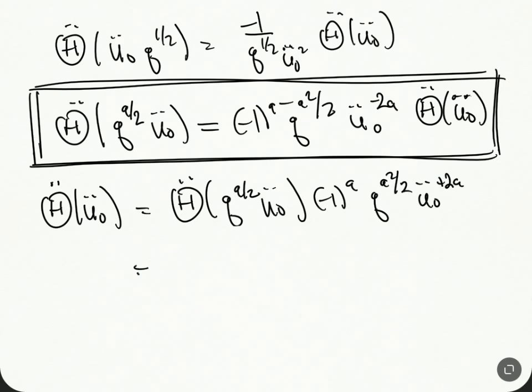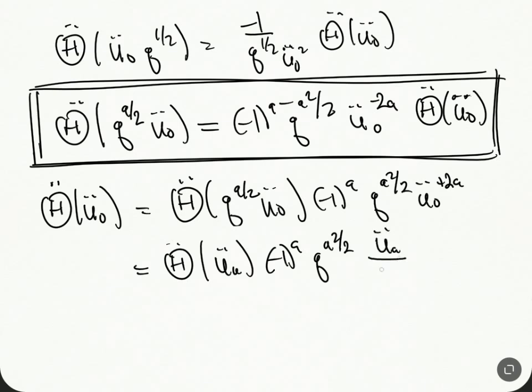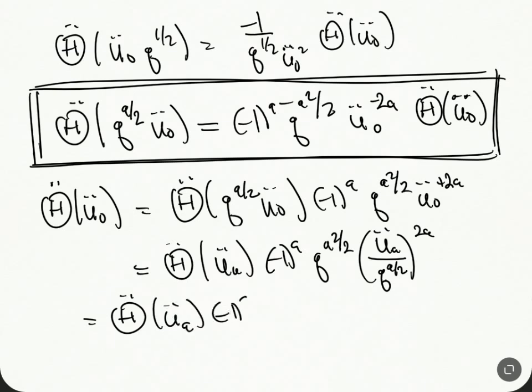Okay, and this becomes, now we're going to apply our formula. This is u of a dot dot, -1 to the a. Then we have q to the a squared over 2. And now we have u a dot dot over q to the a over 2 to the 2a, like so. And this is now nice. This becomes this. Just write down the same thing.